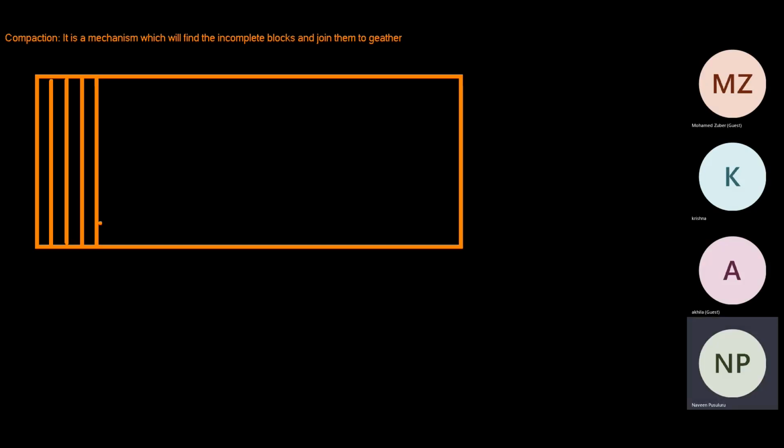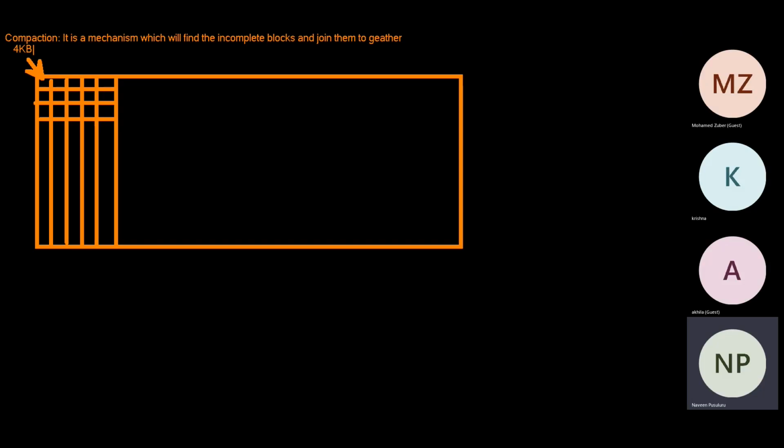Let's assume that this box is a block, and the size of the block is 4 KB. If you copy a 1 GB video file, then it will be divided into small 4 KB blocks and saved in the NetApp.